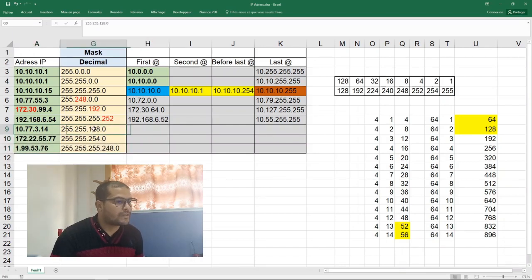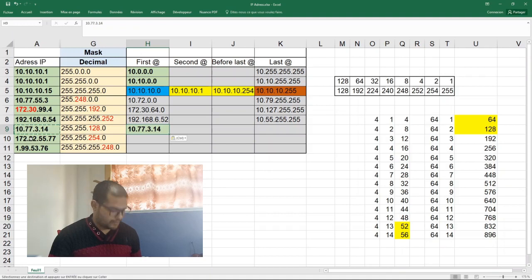I have the interesting octet, let me highlight it first. The interesting octet is this one. Of course, I'm going to copy this here quick. Okay, so here it's going to be 0. I'm going to look at this one here, the same thing, I'm going to have 0.